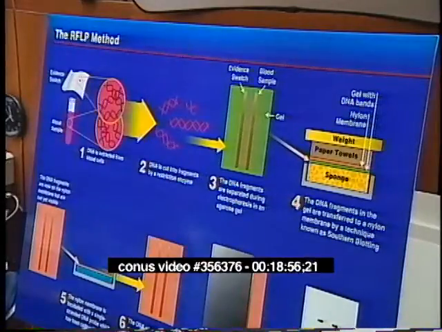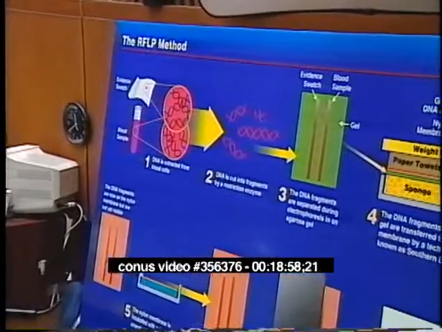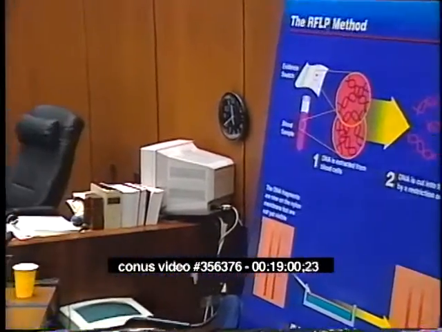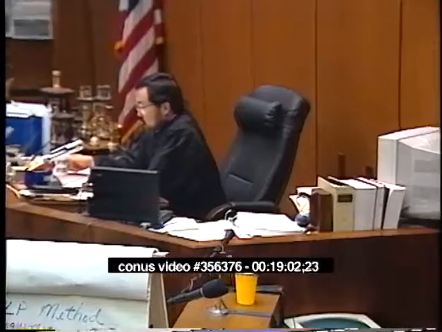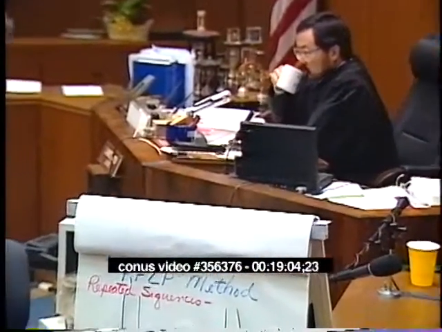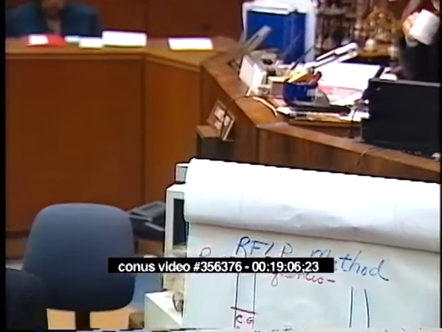The diagram on the board has everything numbered, so I'll try to relate what I'm saying to the number. So let's say you have a sample, some biological sample. The diagram illustrates either a tube of blood or a blood stain, but this could be, as I said before, a hair root. It could be a semen stain. We'll just say we have some biological sample.